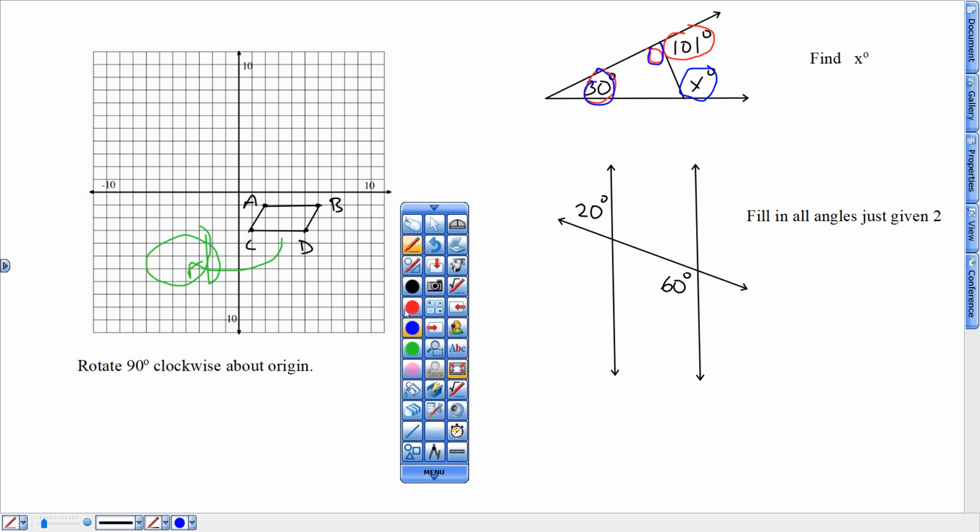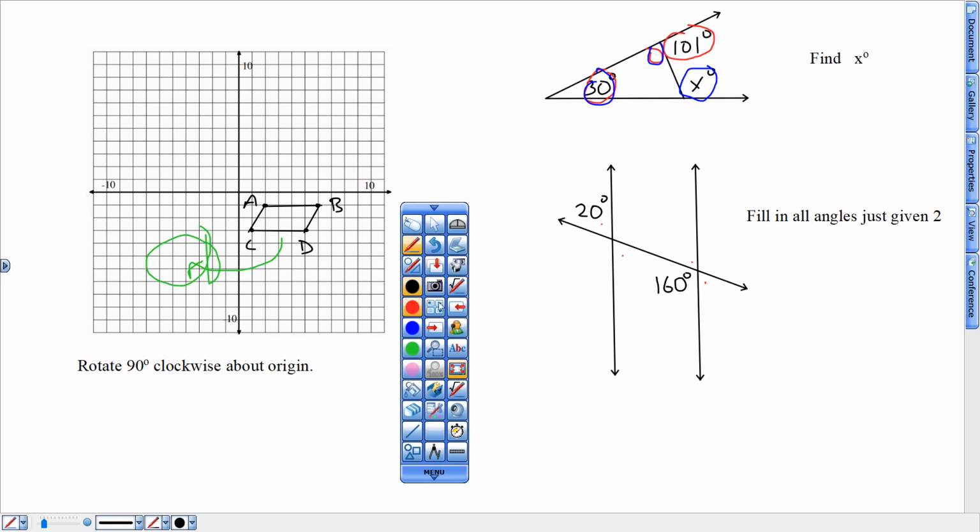And then this one, I want you to see, if this is 20, I want you to trust your eyeball. This is 20, this is 20, this is 20. And then I'm going to make this not 60. Sorry, let's change that. I want that angle to be 160, because that 160 and that 20 should add up to be 180.